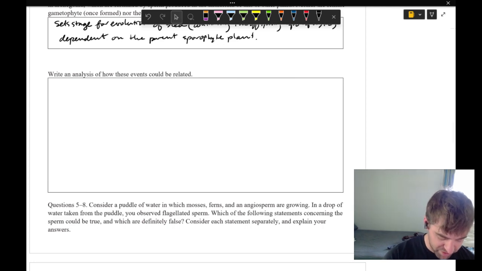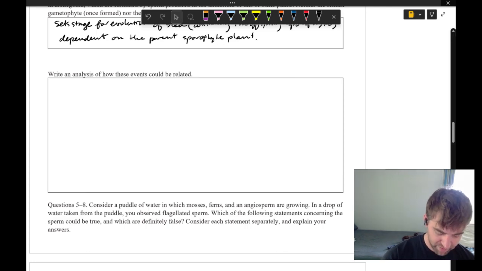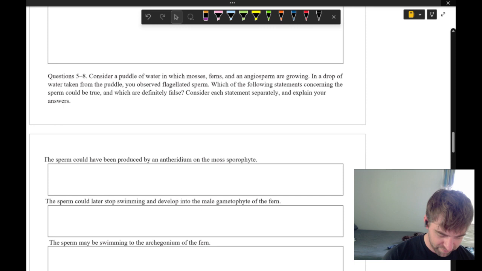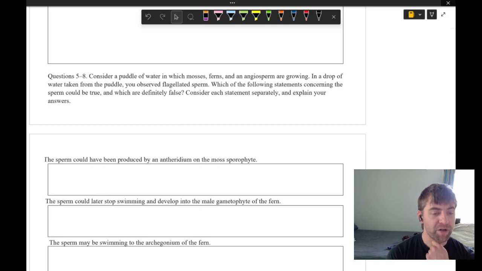Some true or false questions. Consider a puddle of water in which mosses, ferns, and an angiosperm are growing. In a drop of water taken from the puddle, you observe flagellated sperm. Which of the following statements concerning the sperm could be true and which are definitely false?